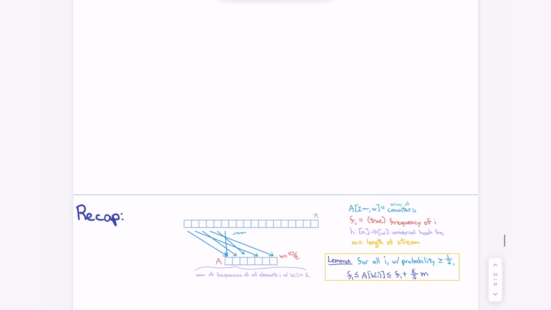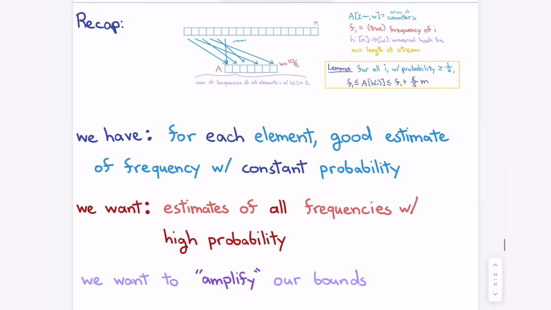Okay, so we've made some progress. We took this very basic problem: I want to estimate the frequencies of all the elements. We've shown a very simple algorithm that for any element will get a good estimate with constant probability. It won't get all the elements simultaneously; for any element, with probability 1/2, you'll get a good estimate.